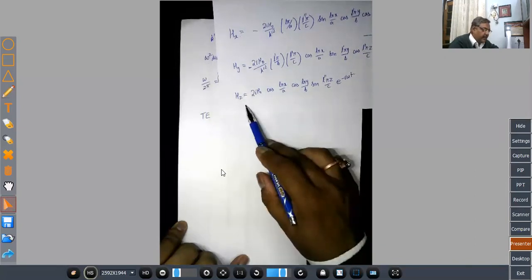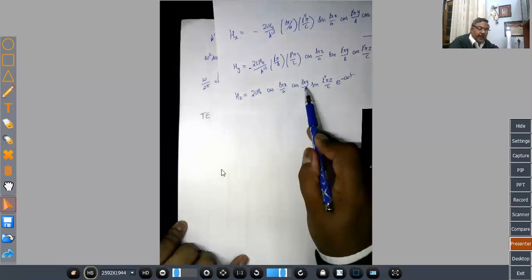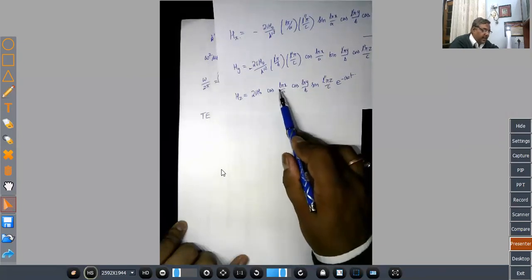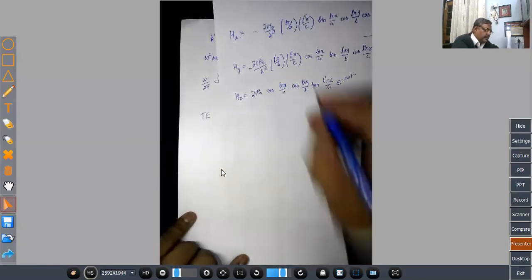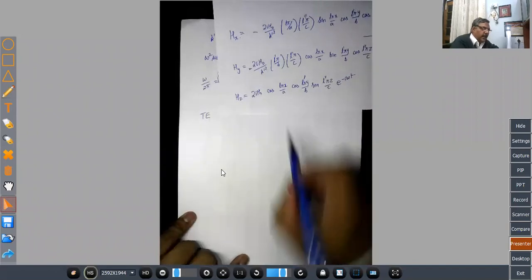The axial field is dependent on the value of L, L and L dash.